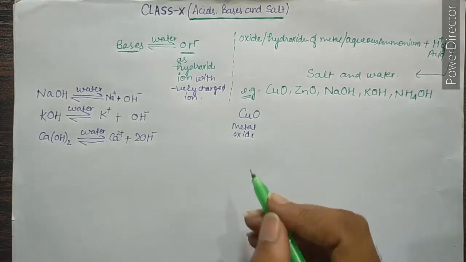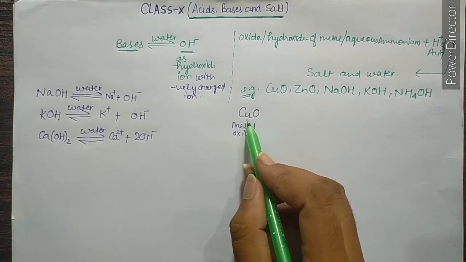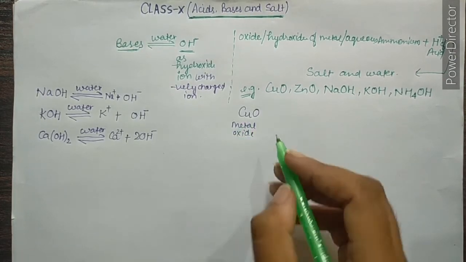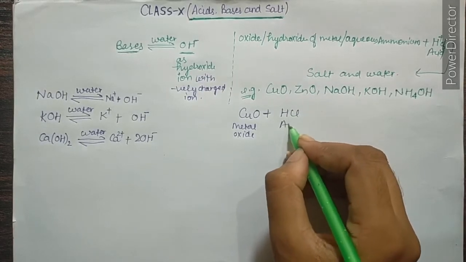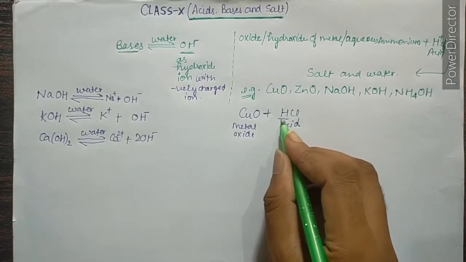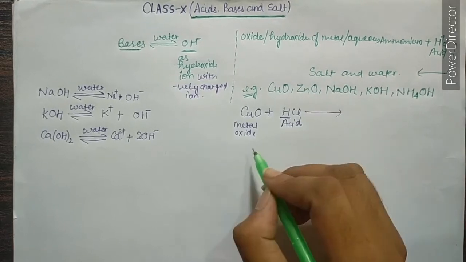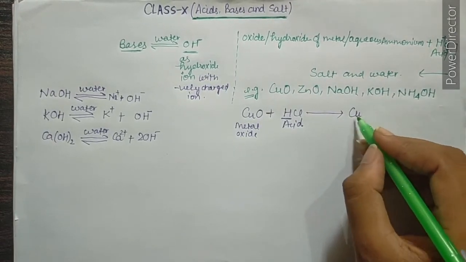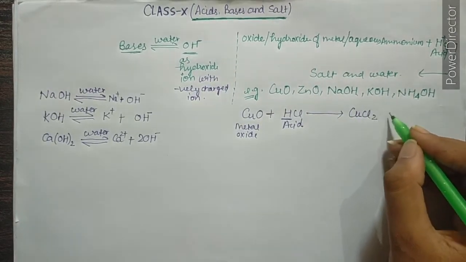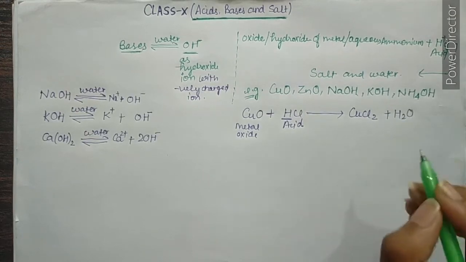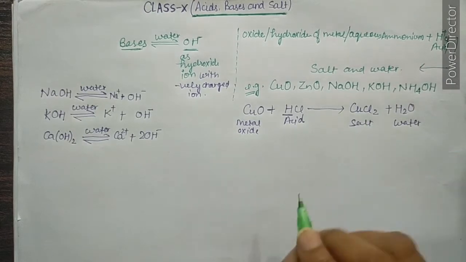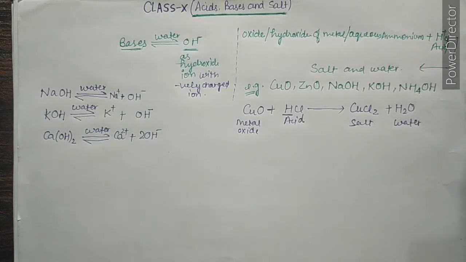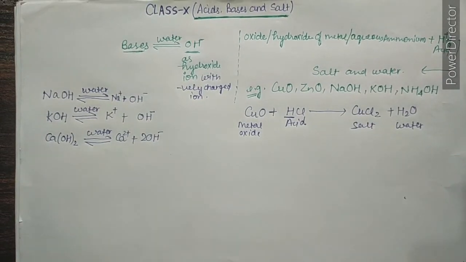A metal oxide is formed when a metal reacts with oxygen. CuO plus HCl, an acid which contains H positive ions, forms CuCl2 plus H2O, that is water, and CuCl2 is the salt.